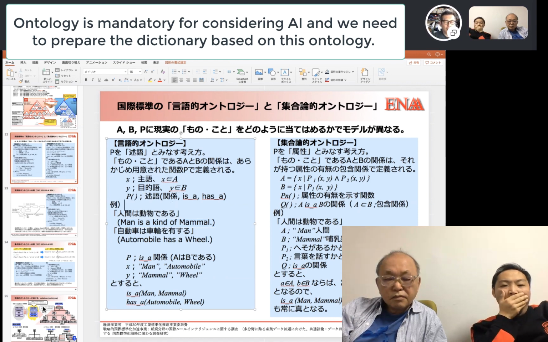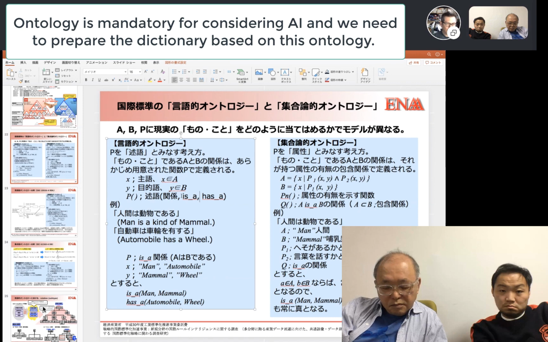So all propositions can be explained using such a way. If we prepare as many predicates P as are necessary for the power plant industry, then we can explain anything using this format.